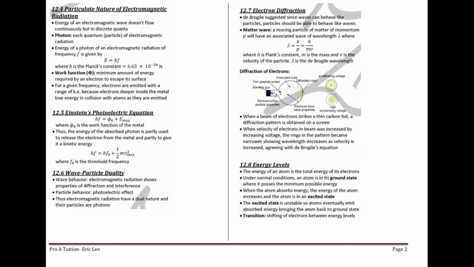And after that, when the atom absorbs energy, for example, electric shock or UV light shining on the atoms or the molecules, then they will absorb energy and come to the excited state. So the energy of the atom increases, and the atom is in an excited state.